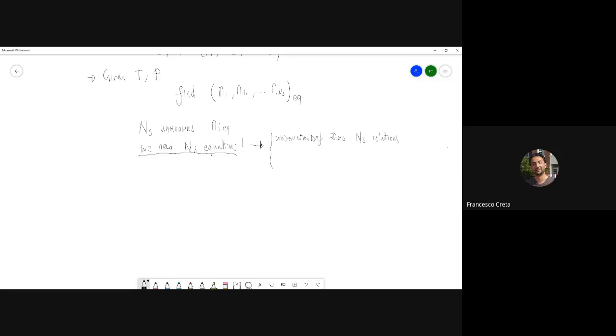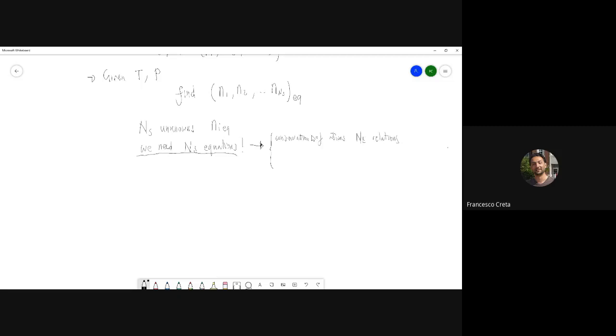The rest of the equations will come from the fact that we have to enforce a minimum of Gibbs energy, okay?